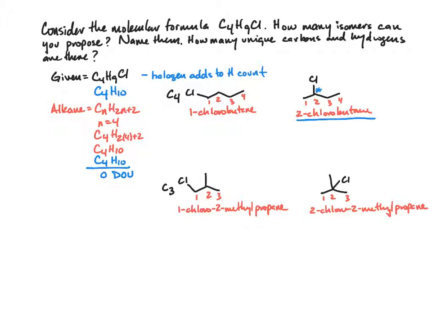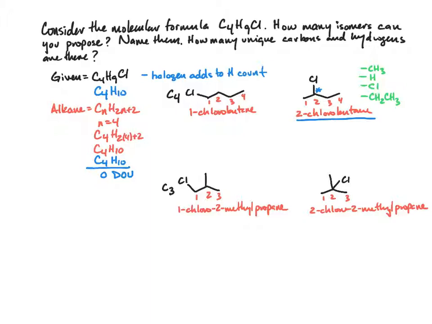Let me write those substituents in green. That carbon, which I've highlighted with the blue asterisk, has a methyl group, a hydrogen, a chlorine, and an ethyl group. These 4 different unique groups make that a chirality carbon. We use these words interchangeably: it's a carbon bearing 4 different groups.